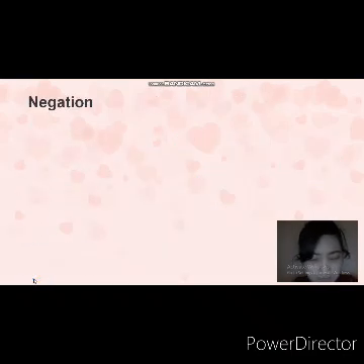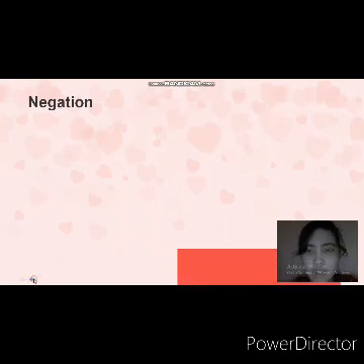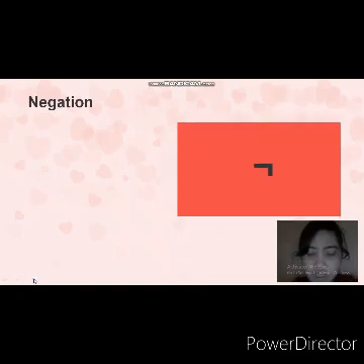Negation. Negation is one of the simplest operations on sentences, although a sentence in a natural language may be negated in many ways. We shall adopt a uniform procedure, placing a sign for negation, the symbol ¬, in front of the entire sentence.